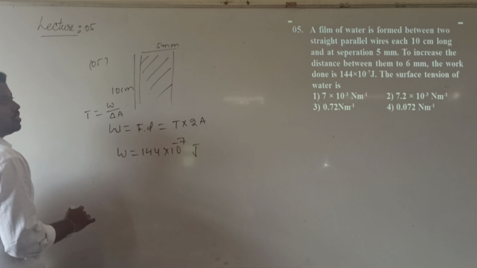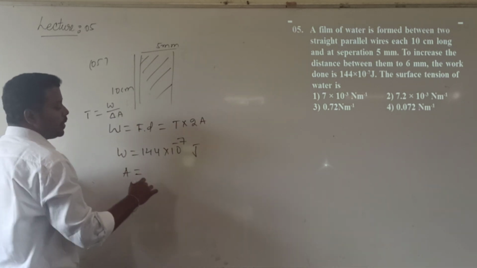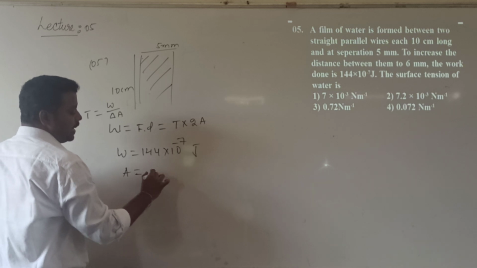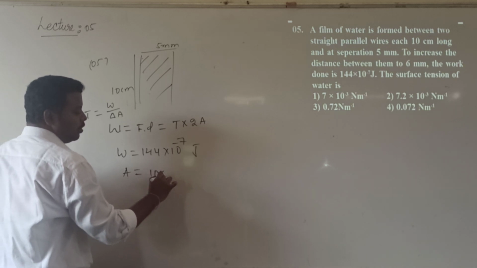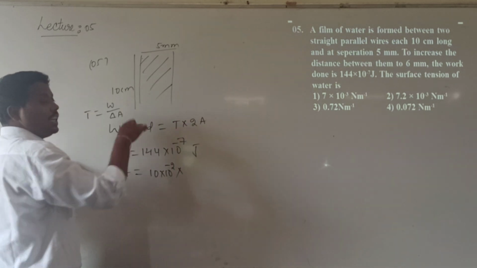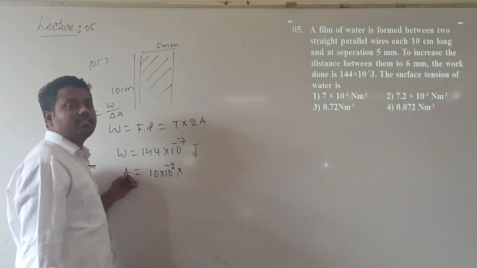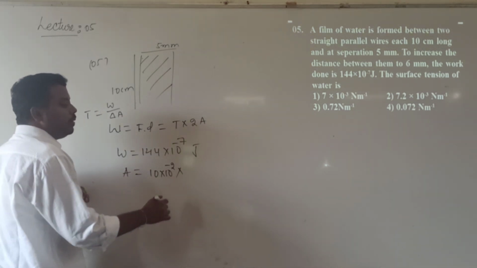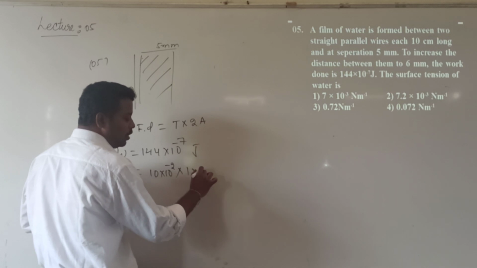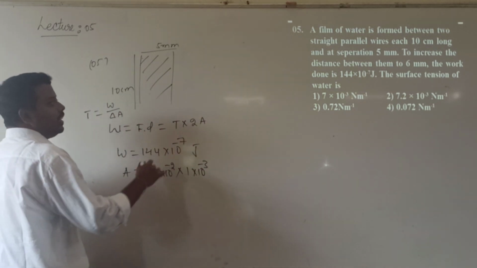How can I calculate the area? Area is equal to length into breadth. The length is 10 centimeters, so 10 × 10^-2 meters, into the breadth. The initial breadth is 5 mm and the final breadth is 6 mm, so the increase is 1 mm, that is 1 × 10^-3.